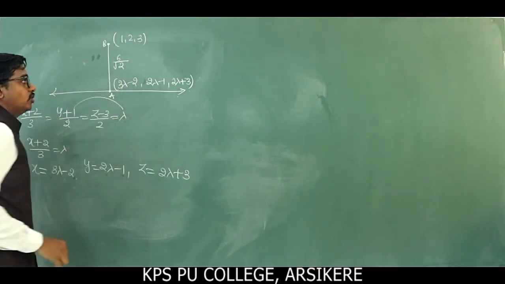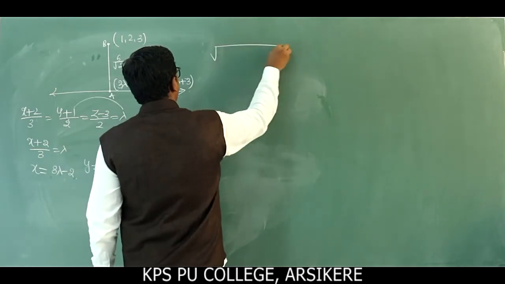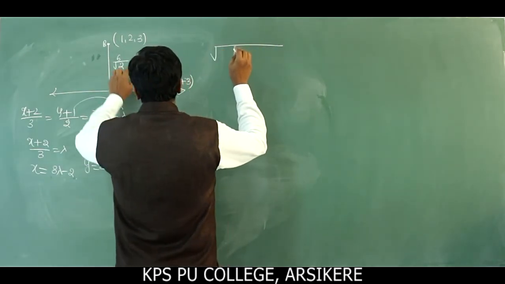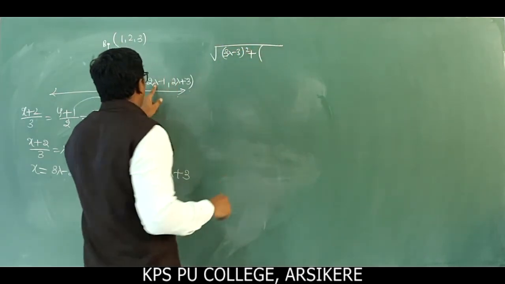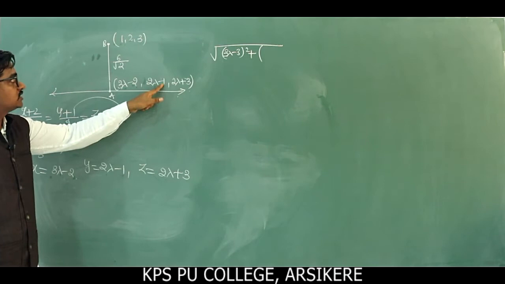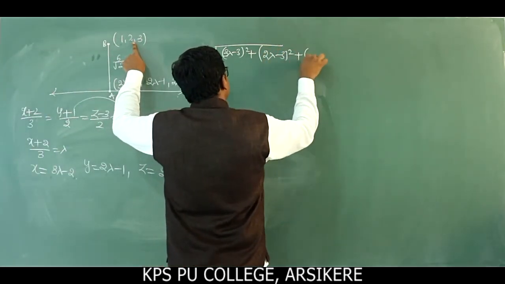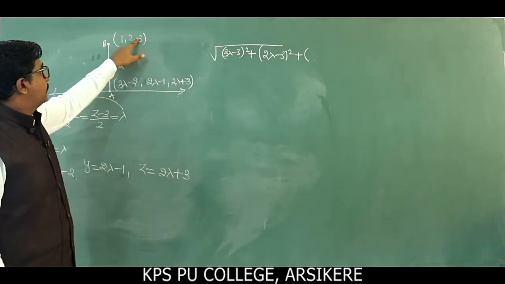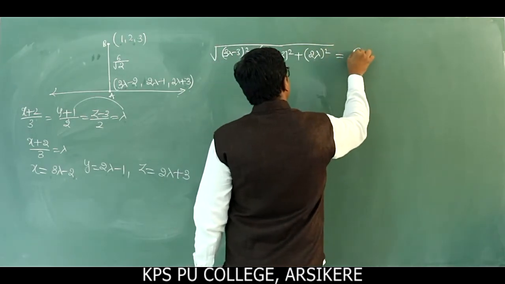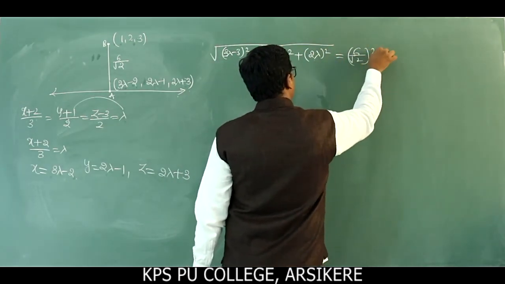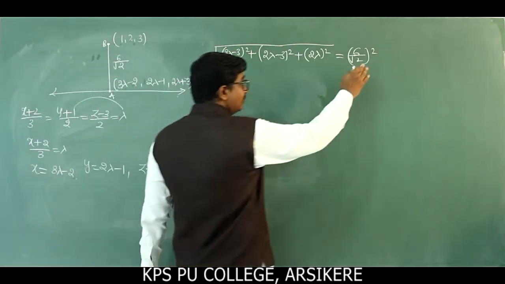They gave AB is equal to 6 divided by root 2. Then the distance between these 2 points becomes root of, the first: 3 lambda minus 2 minus 1, that becomes (3 lambda minus 3) whole square, plus next, y2 minus y1, 2 lambda minus 1 minus 2 is (2 lambda minus 3) whole square, plus next, 2 lambda plus 3 minus 3 becomes 0, you are left with (2 lambda) whole square, is equal to 6 divided by root 2.